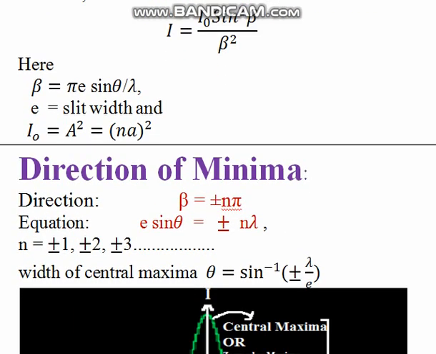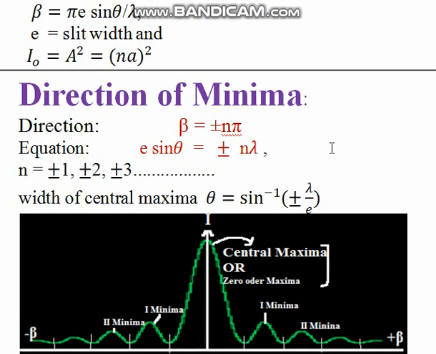Now let's see the direction of minima. The condition for minima is beta equal to n pi. So the equation of minima is e sine theta equal to plus minus n lambda. This is the equation through which we can obtain the angular position theta of the minima of any order.